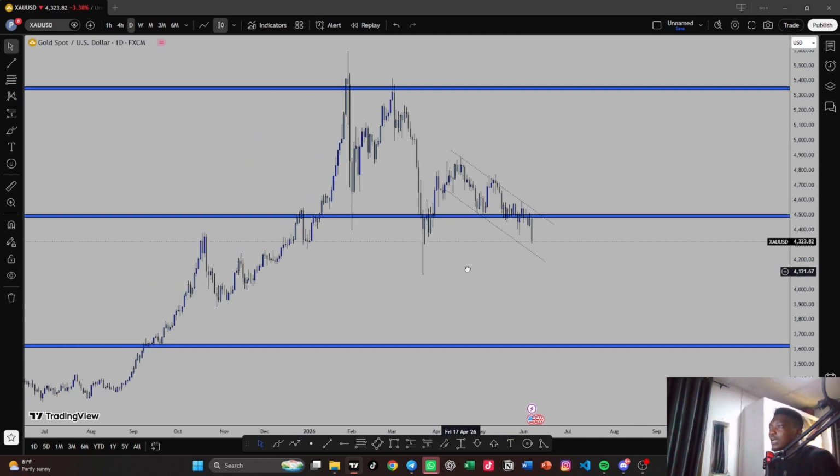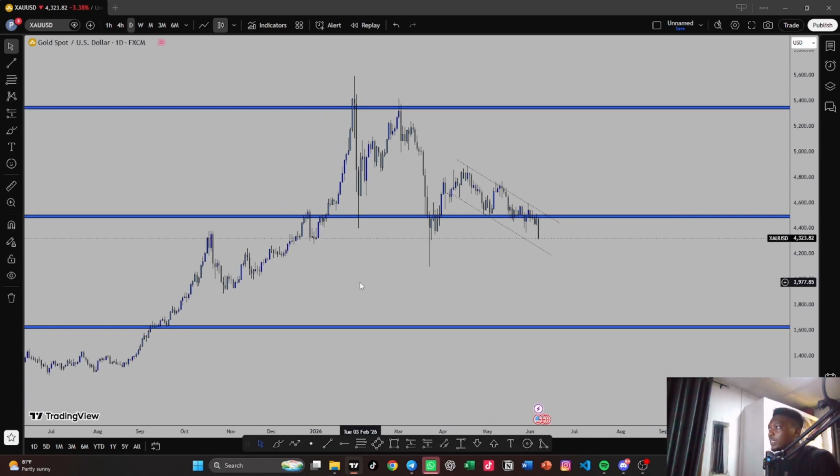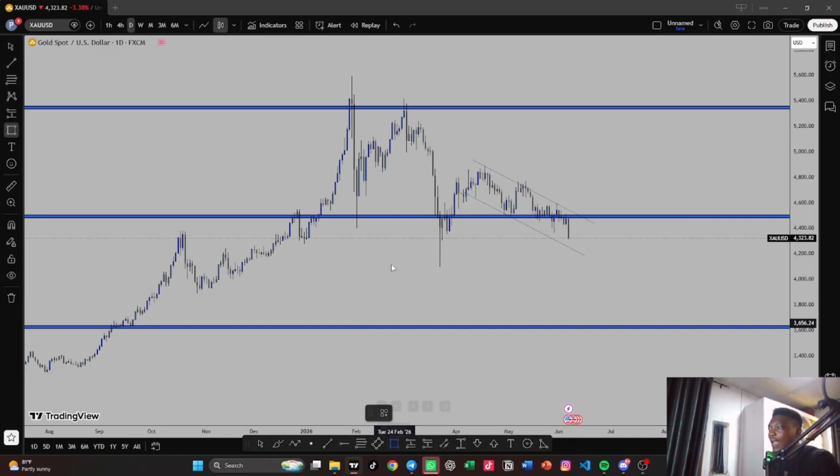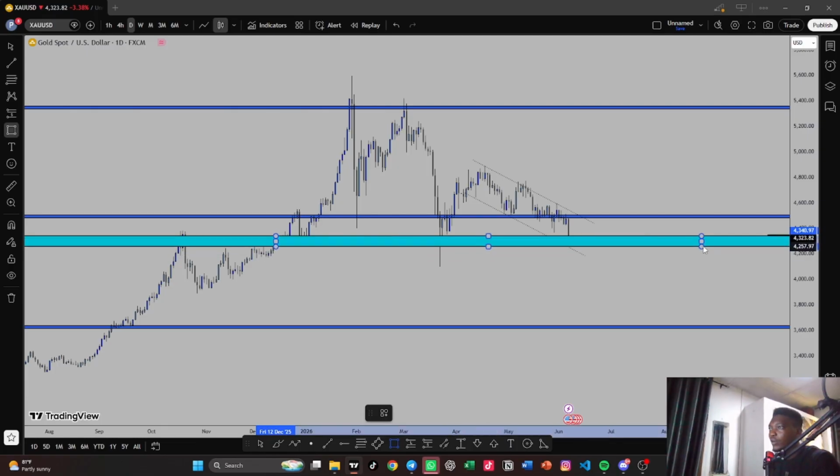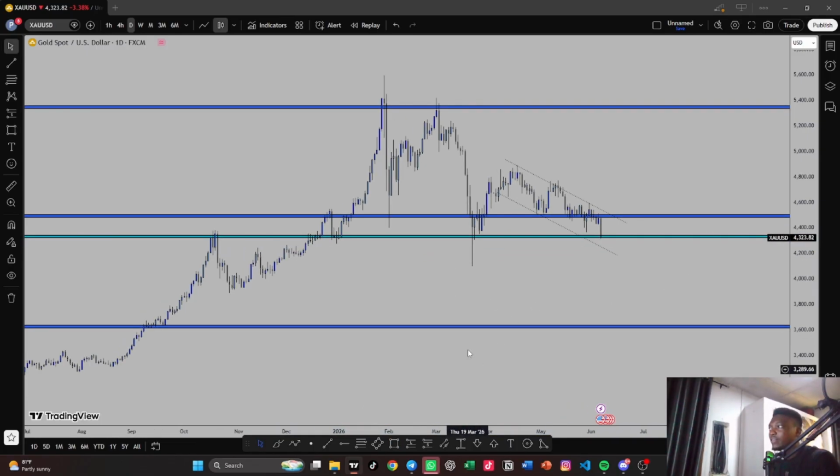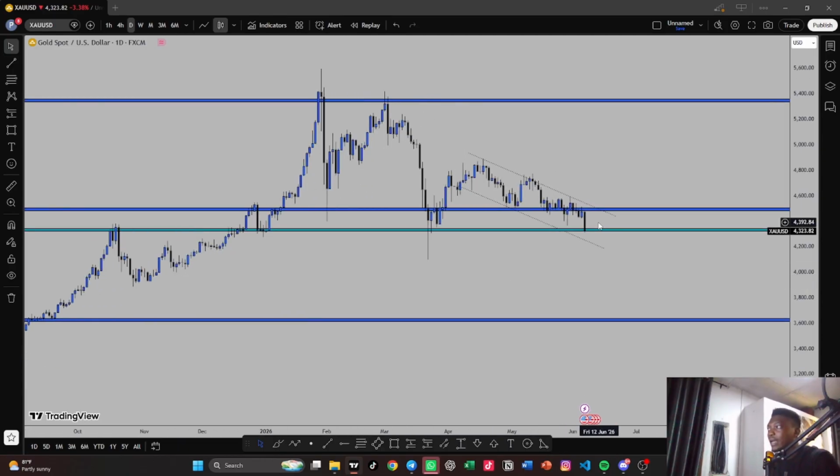So what can gold do in the weeks to come? I have this level that gold is currently reacting to. If we are able to break below this level very strong in the coming week, we might retrace a bit and then break.